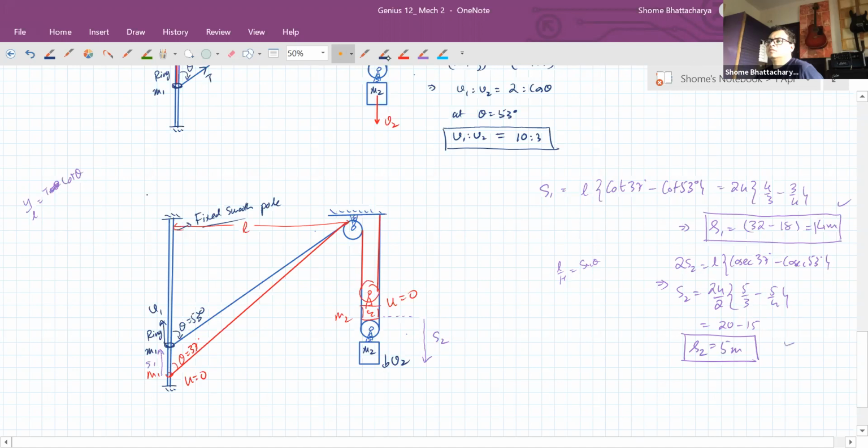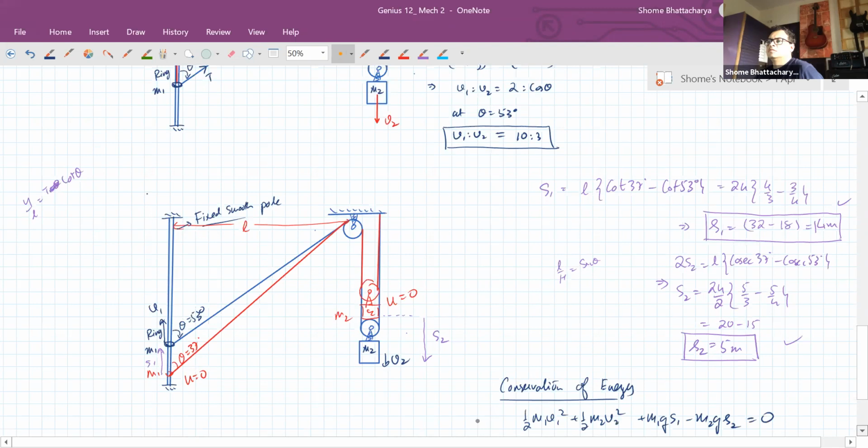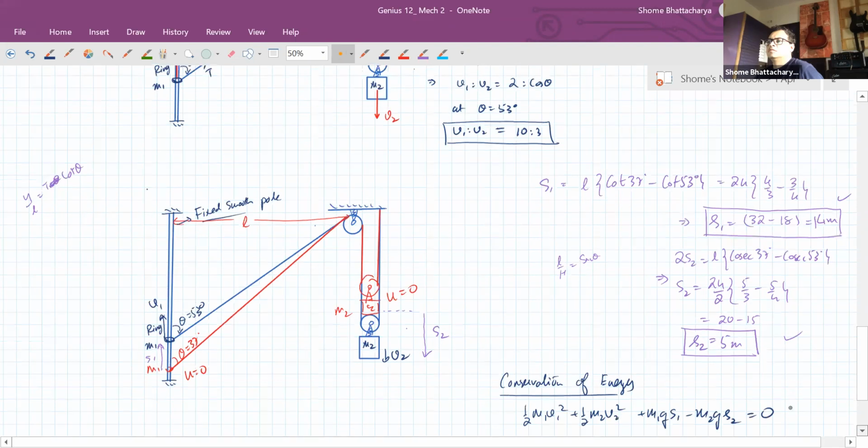Okay, very good. So now you apply the work energy theorem, so conservation of mechanical energy. So this should be the relation here. We have taken the ratio of the masses, M2 being taken as 4 times M1.